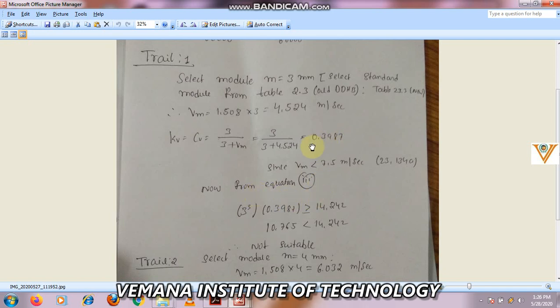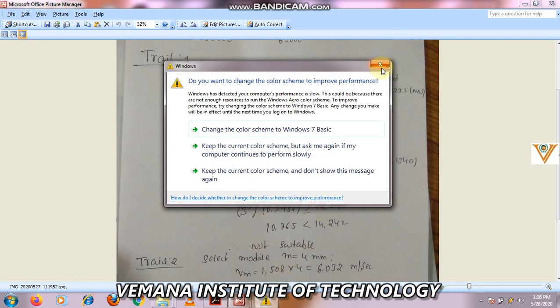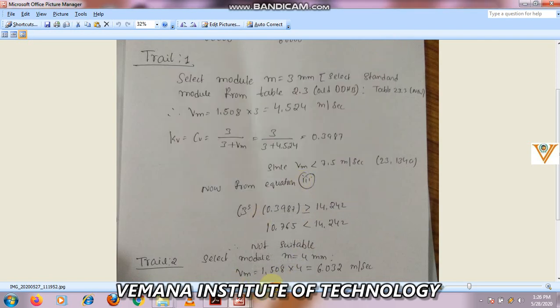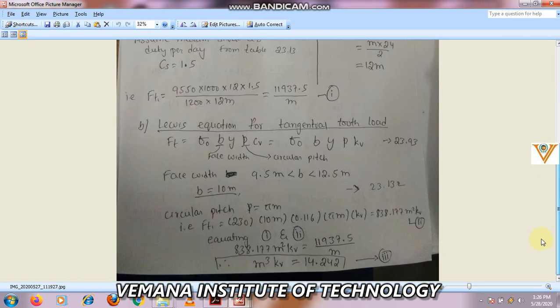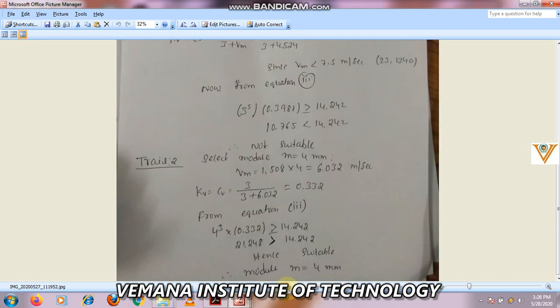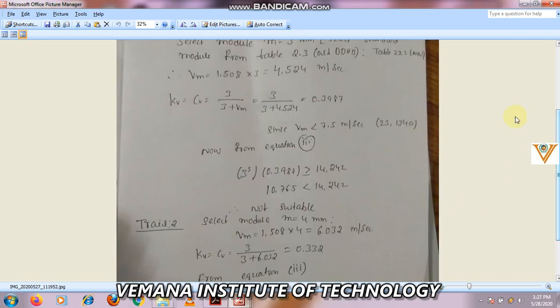Now from equation 3, we already have the module and the value of kV, so you can easily substitute them. The module is 3, and kV we got. Substituting, I get a value of 10.765, which is less than 14.24.